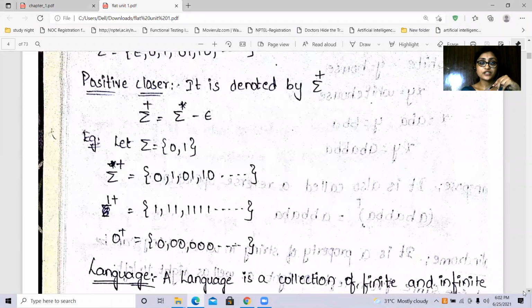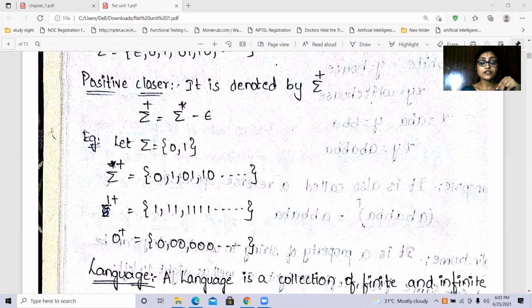Next one is positive closure. Positive closure does not contain the epsilon. Epsilon means nothing but a string with a length of 0. If a string with a length of 0 is not present in that particular set, then it will be considered as the positive closure. For example, we have an alphabet 0, comma 1.